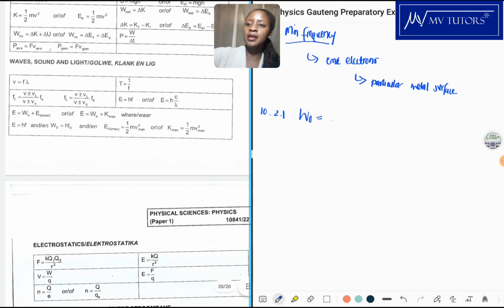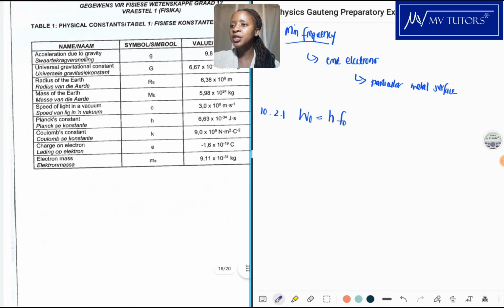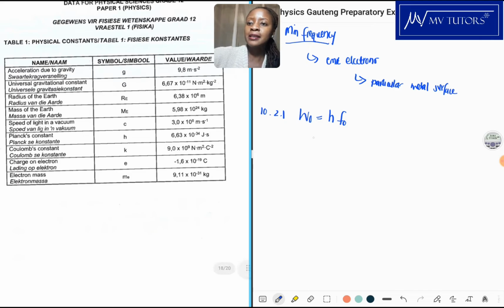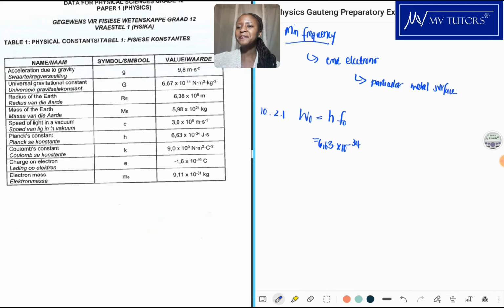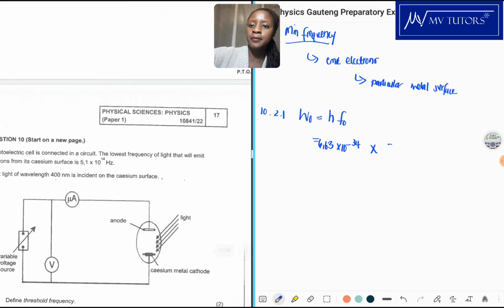Work function is Planck's constant times your threshold frequency, and we know that h, Planck's constant, is 6,63 times 10 to the negative 34, and then the threshold frequency, which they gave us, is 5,1 times 10 to the 14.